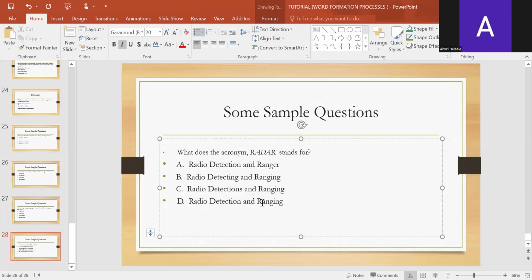Radio detection and ranging. You must try to know some basic acronyms and their meaning. It's possible that in examination, the examiner will just change some of the wording and then just find out whether you know the correct spelling or the correct items which constitute the acronym.